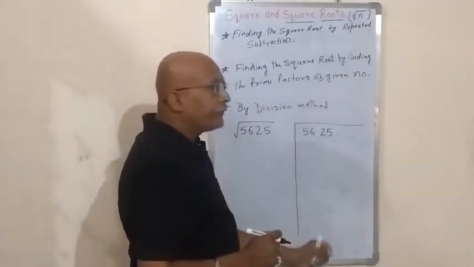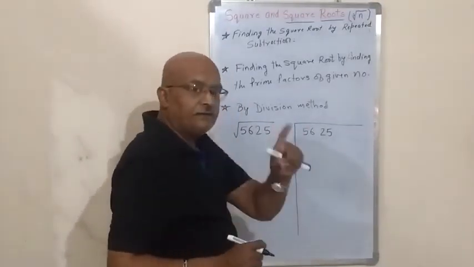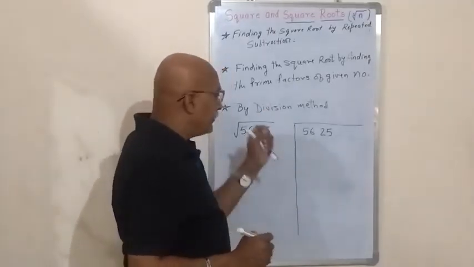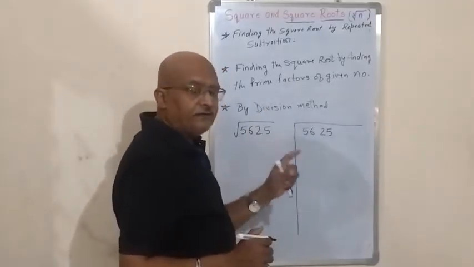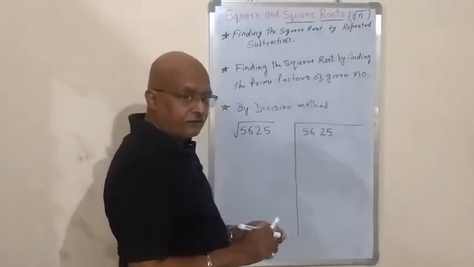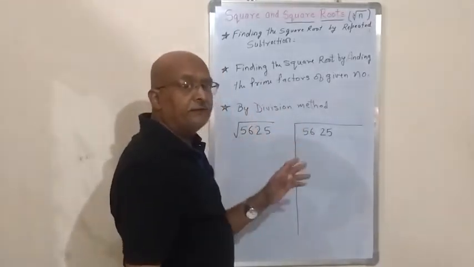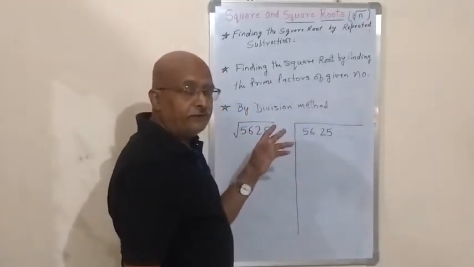Now which is the perfect square which is less than 56? A perfect square which is less than 56. So we must know the series of perfect squares. The series of perfect squares we saw in the second video I have given to you.